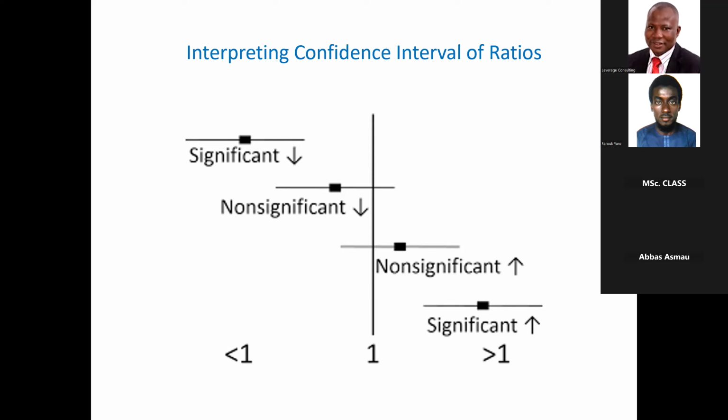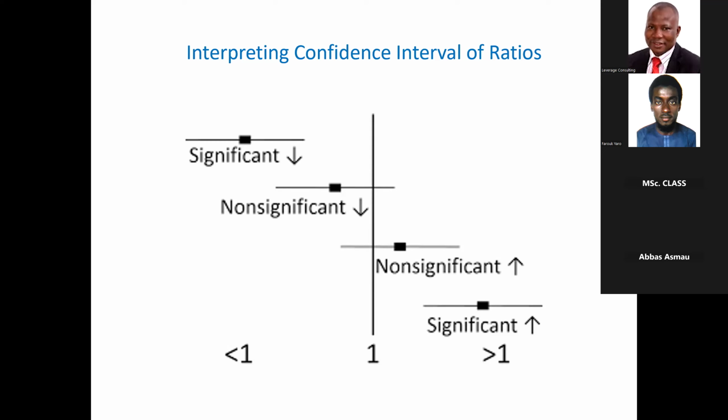And mind you, when you are running the analysis, if you are calculating by hand, you put the risk among the exposed at the numerator and the risk among the non-exposed at the denominator. Imagine you put the risk among the exposed as numerator and the non-exposed as denominator, and the result is less than 1.